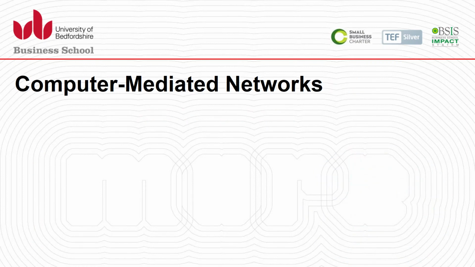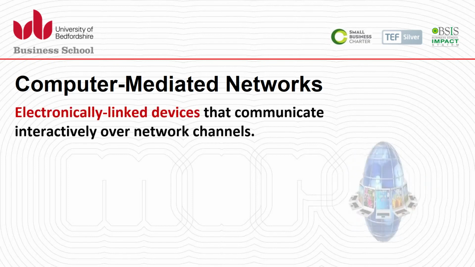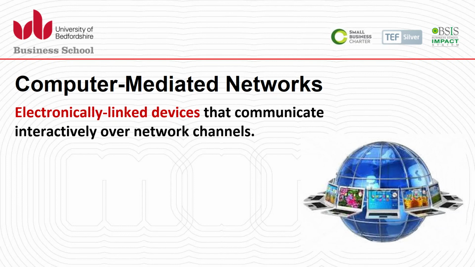So when we go for the computer mediated network, what we call CMC, computer mediated communication, it is defined as any human communication that occurs through the use of two or more electronic devices. So electronic linked devices that communicate interactively over a network channel.